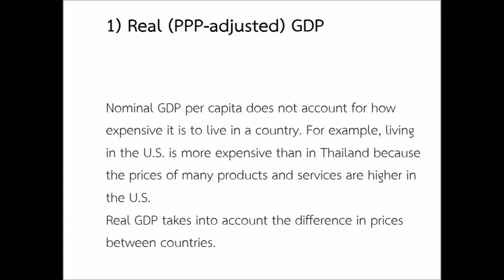For example, living in the US is more expensive than in Thailand because the prices of many goods and services are higher in the US. If you buy a car in the United States and you buy the same car in Thailand, the price in the United States will be higher. Real GDP takes into account the difference in prices between countries.